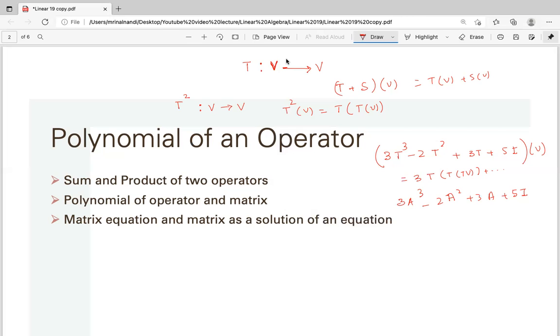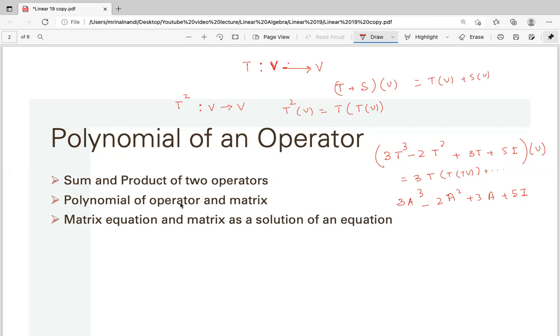All the theorems are the same for a linear operator as for the matrix, just for a finite dimensional vector space and a fixed standard basis. For an infinite dimensional vector space, there is no corresponding matrix of a linear operator. A linear operator is always there for an infinite dimensional vector space also, but there is no corresponding matrix. So we are talking only about finite dimensional vector spaces.